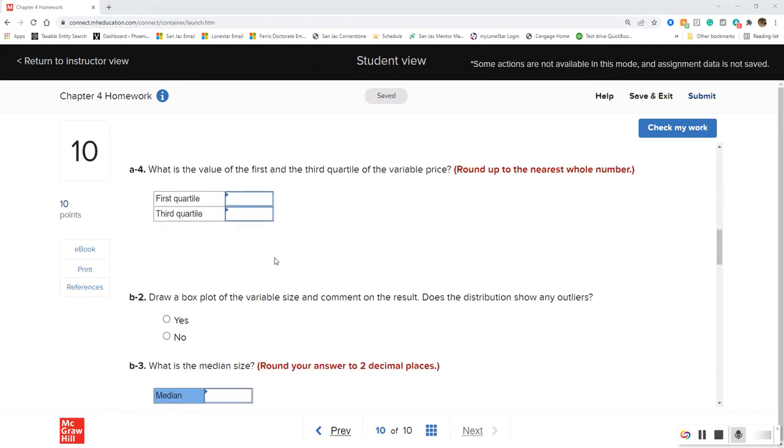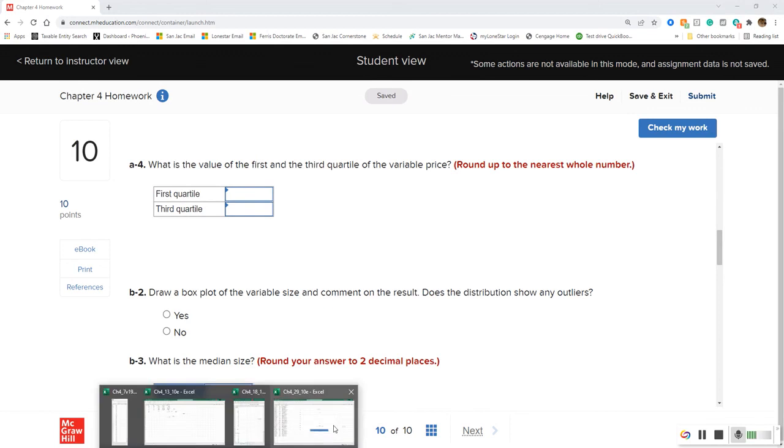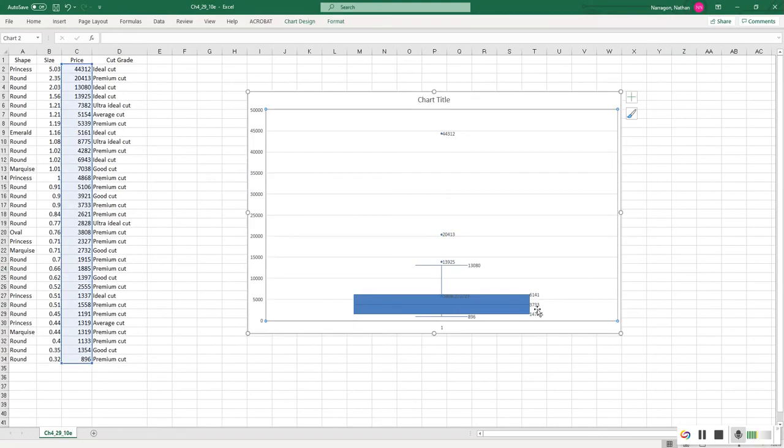again using Excel, first and third quartiles. And again, I think Excel is showing us right away. This is our median right here, which is 3,733.